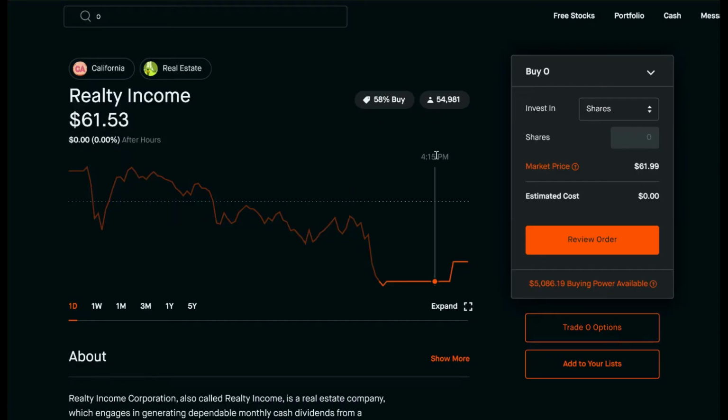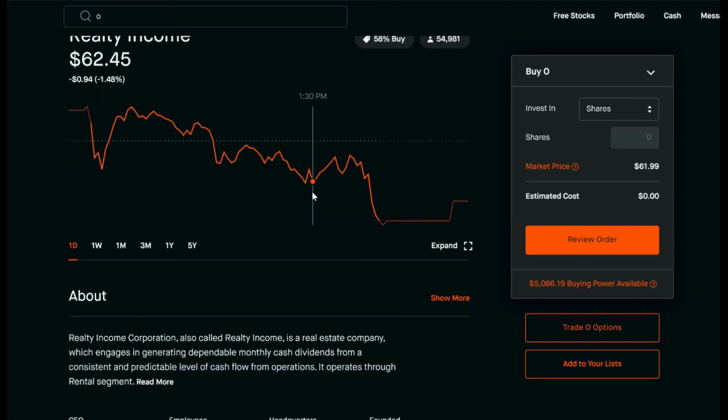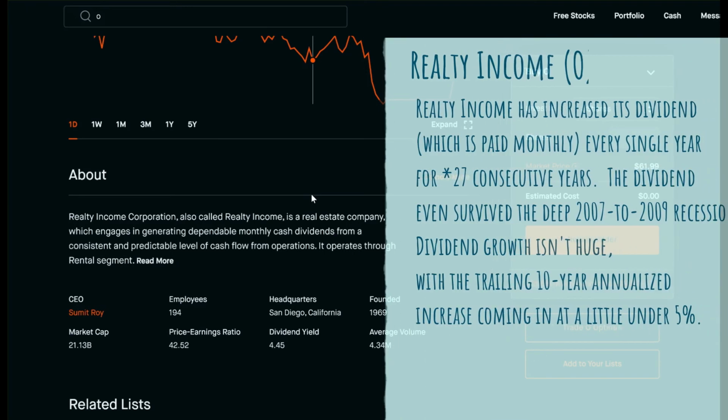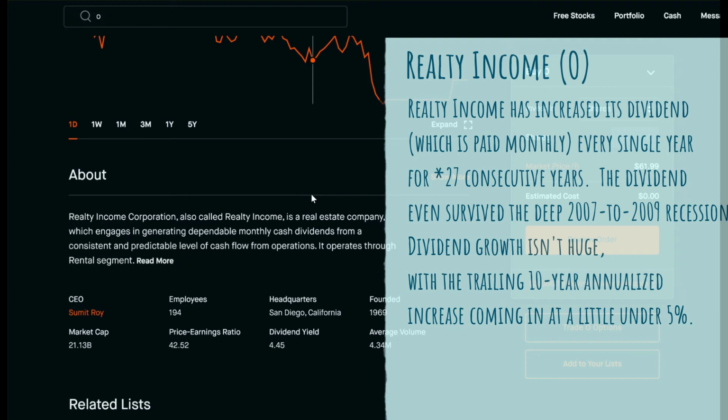Now let's take a real example. The ticker symbol is O, Realty Income. So this is a favorite of many income investors, dividend income investors. This is a real estate company, and they have been consistently giving dividends over the last 50 years.